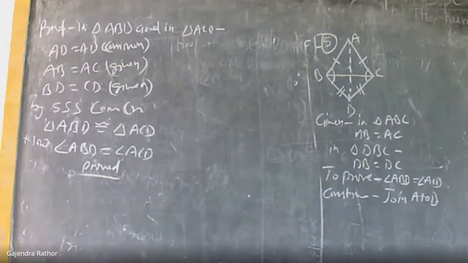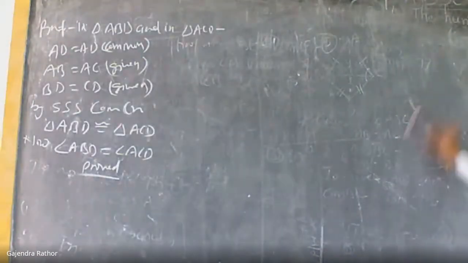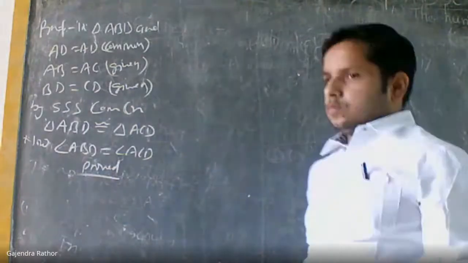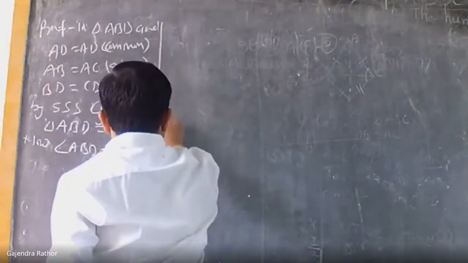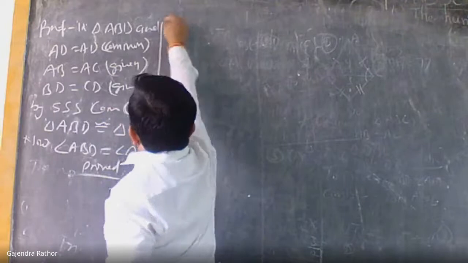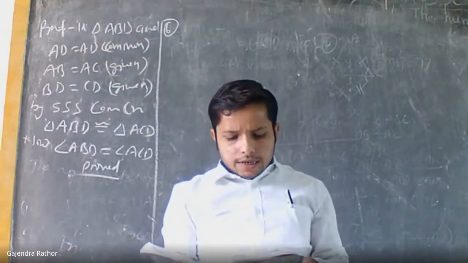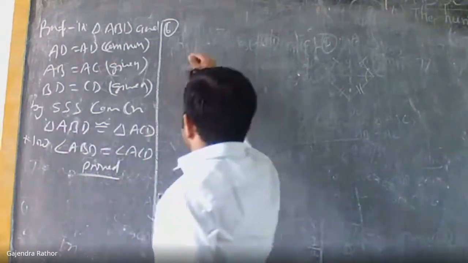Let's continue. Now question number 6. In question number 6, one triangle is given, ABC, like this.